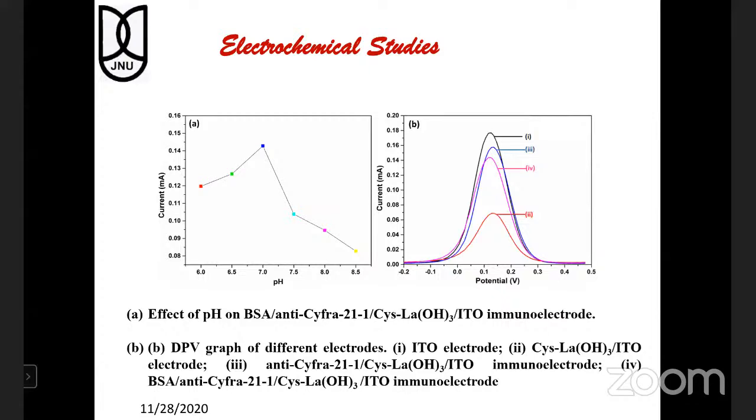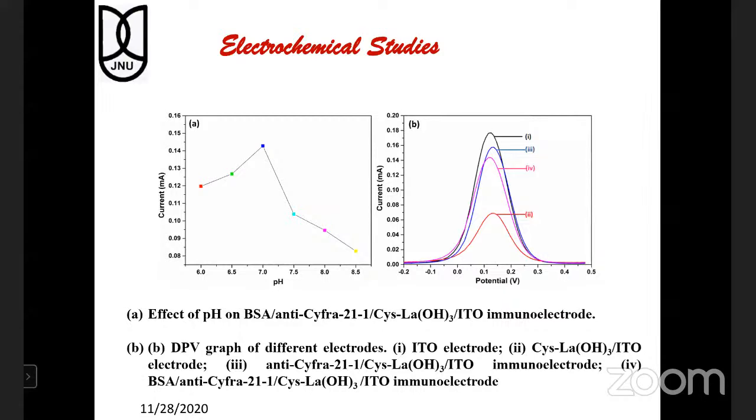These changes depend on the flow of electrons in the electrolyte, because there is some electrochemical interaction of free groups on the electrode surface. Antibodies also have amine and carboxy groups, which interact with the redox species in the electrolyte. There is no fixed sequence that the current will always increase with the antibodies.